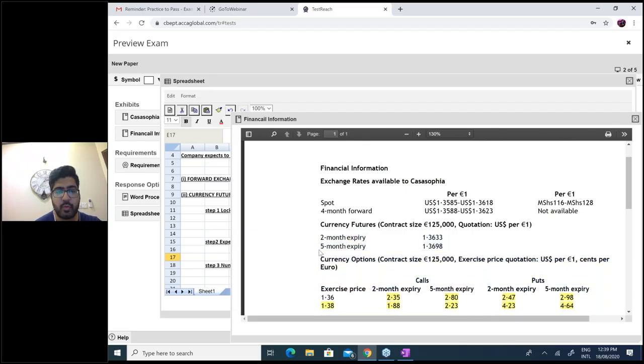There is absolutely no need to look at any other data because I am doing it for futures. So the only relevant data is my futures one. This green tab. Why should I look at forwards? Why should I look at options? Only futures.